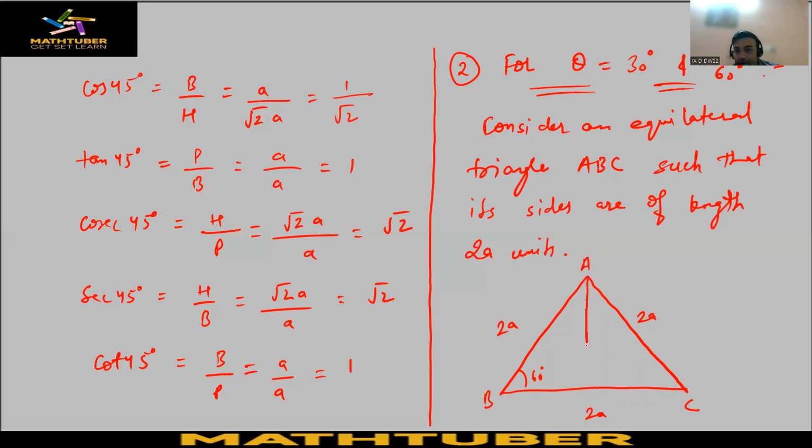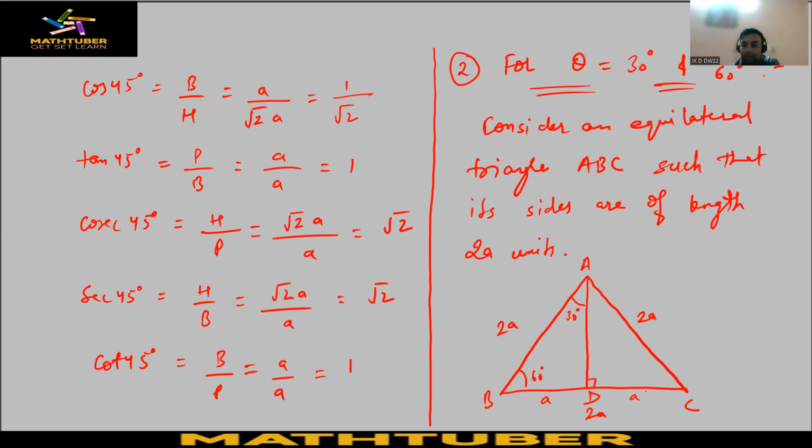So we will form a perpendicular bisector here, which will definitely bisect this angle. So half of 60 degree becomes 30 degree here, and it also bisects the side BC. So it will be BD equal to A units and DC is also equal to A units.